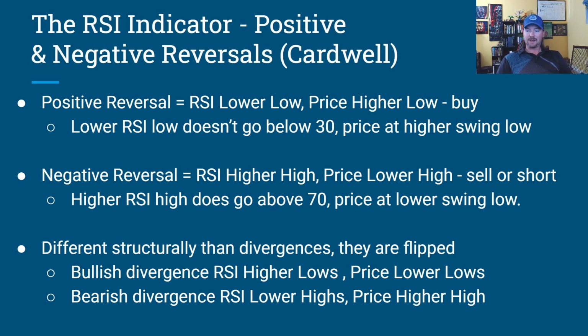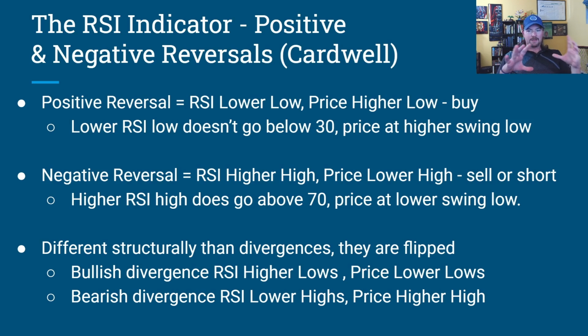The RSI doesn't get above 70, price at a lower swing low. So yeah, it might sound like, oh, well, that's just a divergence, but it's different. Structurally, they're flipped. So a bullish divergence, RSI has higher lows and price makes lower lows. A bearish divergence, RSI makes lower highs, price makes a higher high.